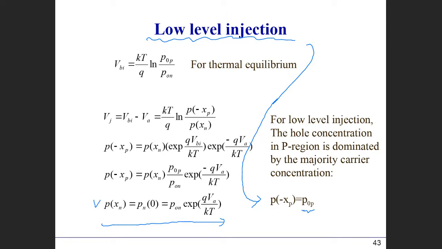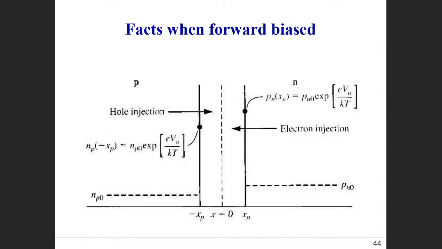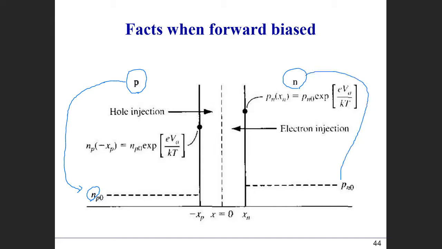Okay. So if we draw this conclusion in terms of carrier concentration, we get this kind of graph. This graph shows especially the minority carrier concentration, which means in the p side, the minority carrier is going to be electron, okay. In the N side, the minority carrier concentration is going to be hole, okay.